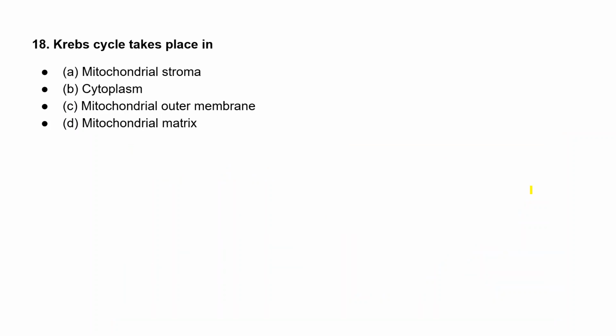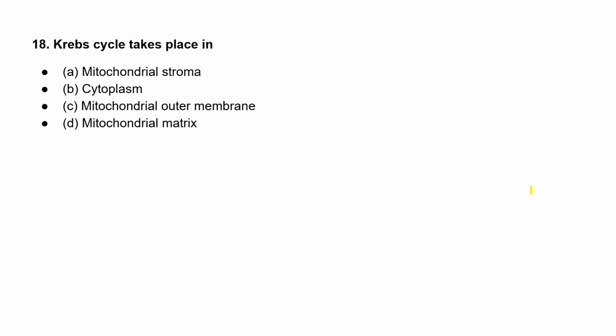So the next question is, the Krebs cycle takes place in: option A is mitochondrial stroma, option B is cytoplasm, option C is mitochondrial outer membrane, option D is mitochondrial matrix. Mitochondrial matrix, ma'am.